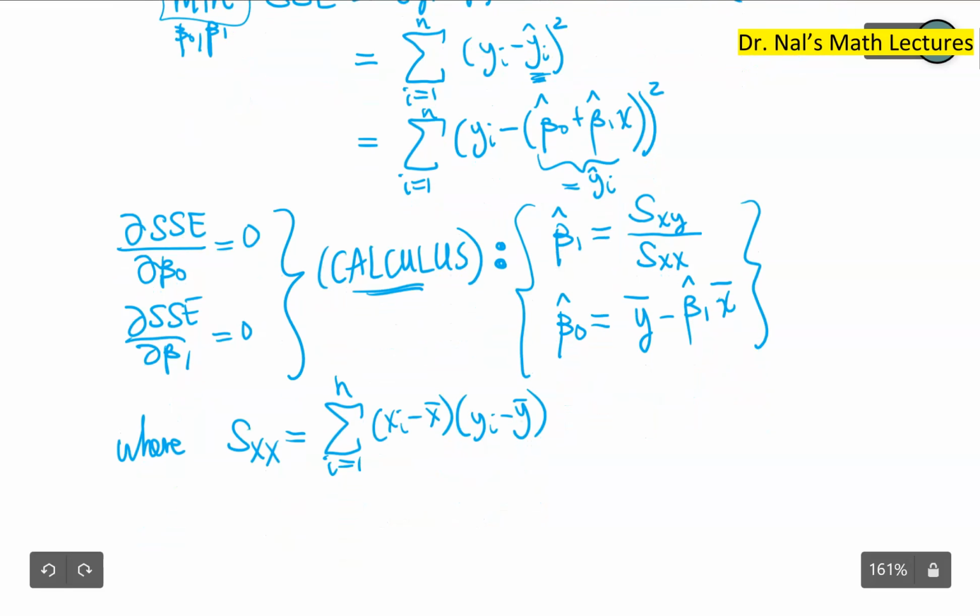Sorry, that one is sxy. For sxx, the denominator here, it is an expression akin to variance: the sum of xi minus x bar, squared, with i from 1 to n.